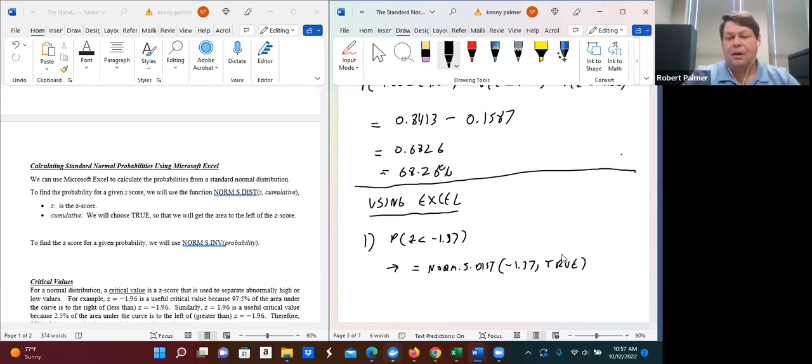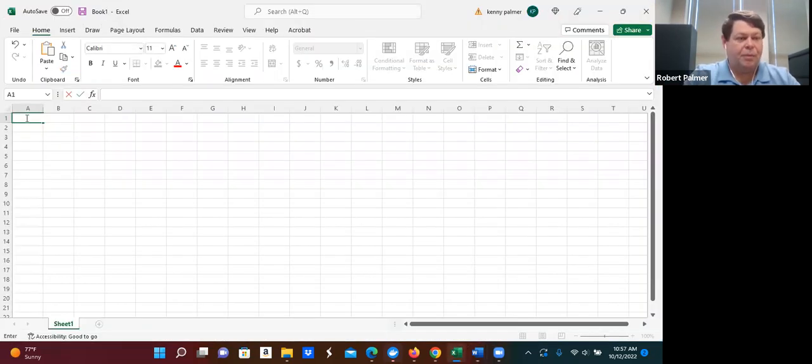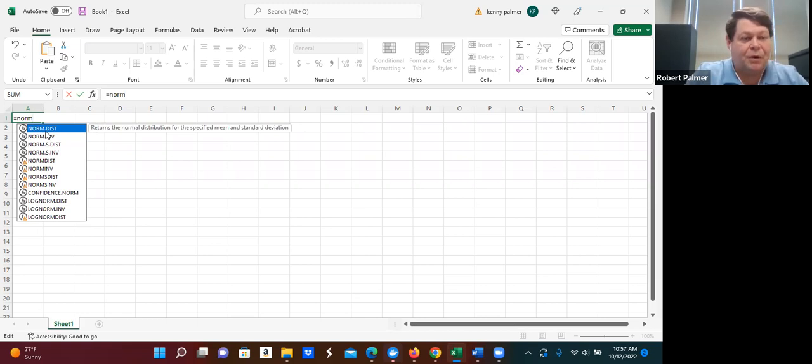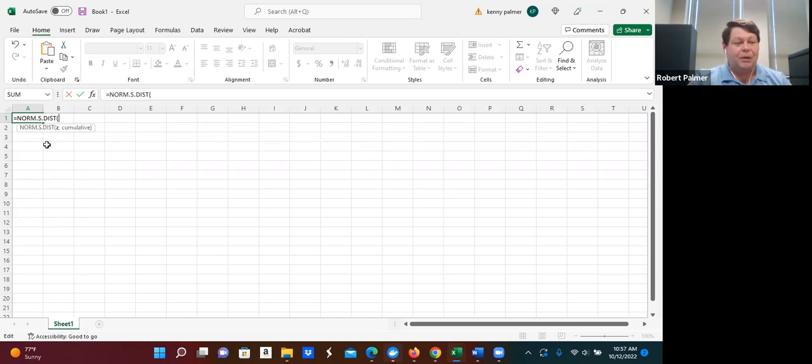Okay, let's do that. I have an Excel open right here. Remember, to calculate things, put an equal sign first. If you start to type it, you'll get several options. Don't pick this one, because it's for a regular normal distribution, not a standard normal distribution. So we go to norm.s.dist and double click on that.